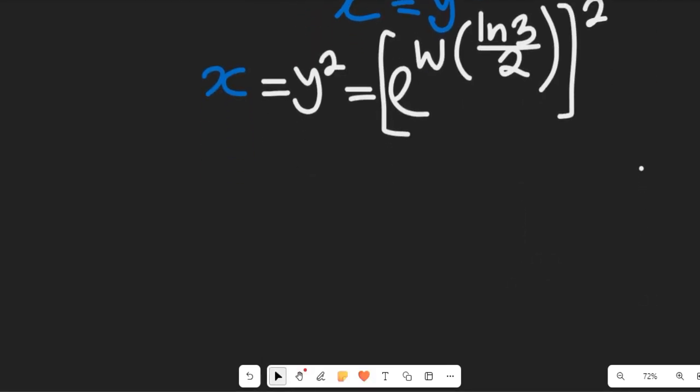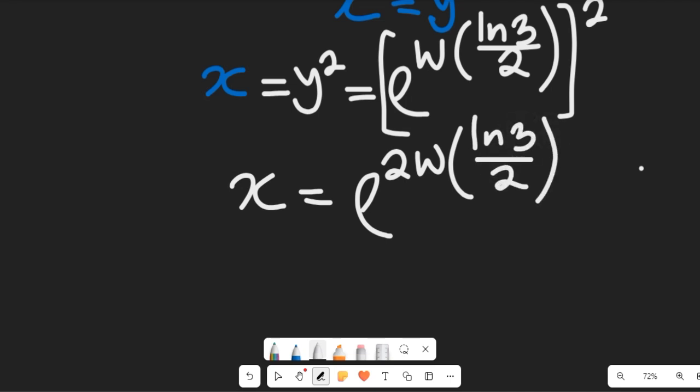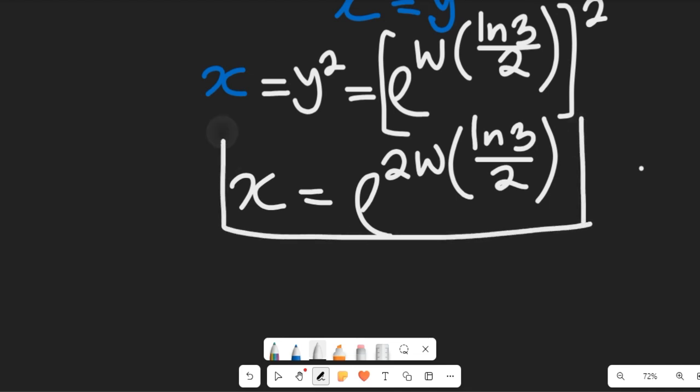Now, if that is the value of y, then the value of our x, if the square can clear off the square, simplifying this, we can have this to become the value of e to the power of 2 Lambert, right? And this will be multiplying the ln of 3 divided by 2. And that is what that expression will give us. So this is going to give us the solution to that expression.